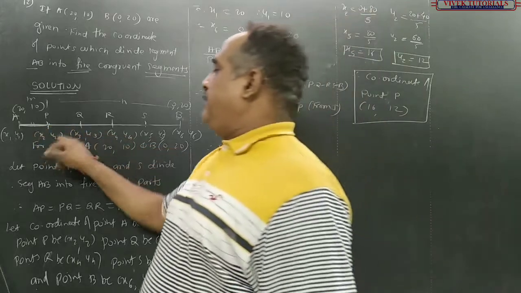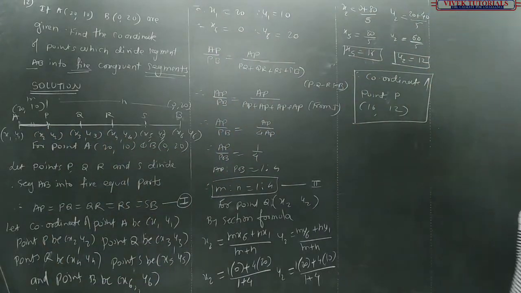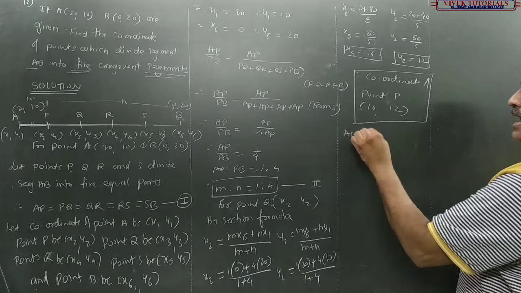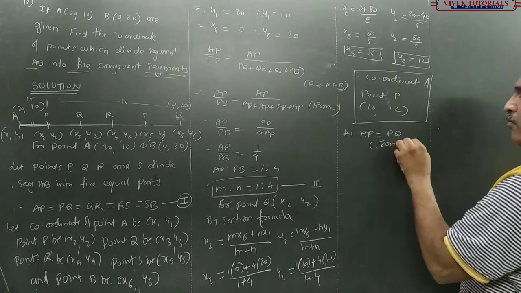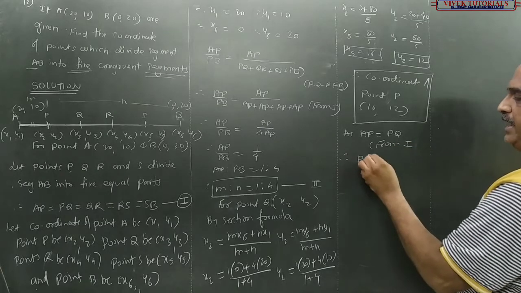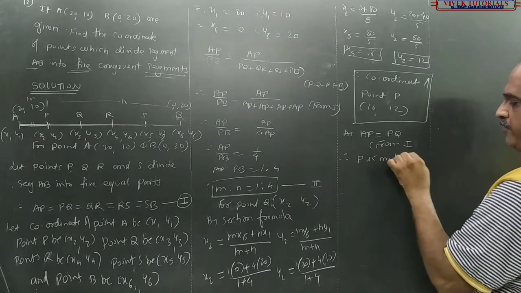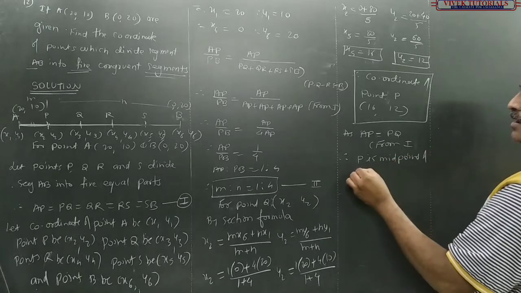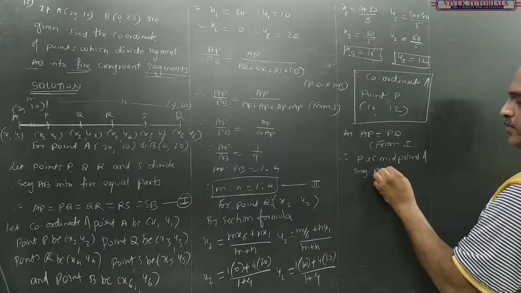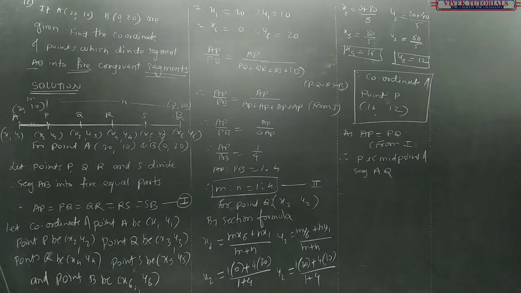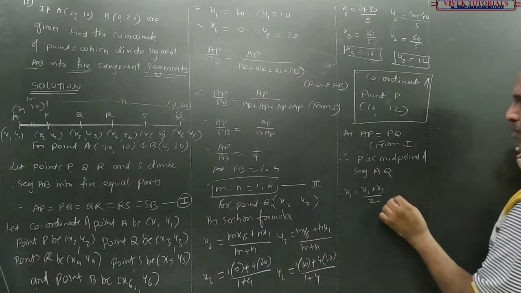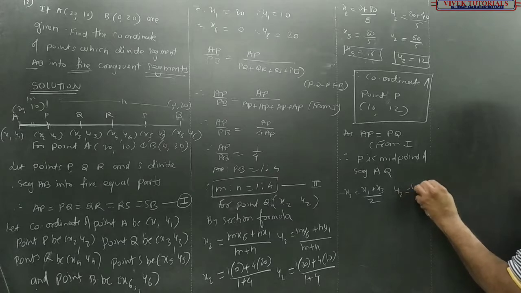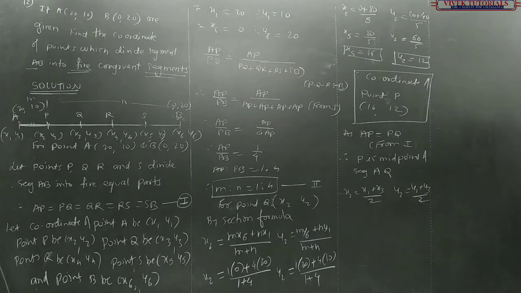The coordinate of point P. Now, as AP is equal to PQ from equation 1, I can write P is midpoint of segment AQ. So x2 is equal to x1 plus x3 upon 2 and y2 is equal to y1 plus y3 upon 2.